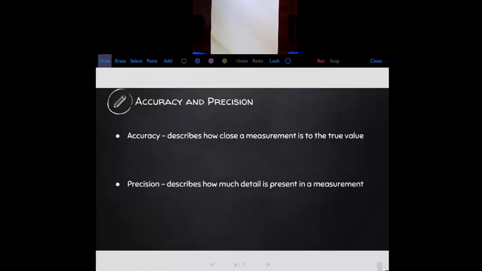The smaller that margin of error is, the more accurate a particular measurement is. The closer it is to the true value, the more accurate it is. Then there's the idea of precision. Precision just describes how much detail we have about a measurement. The more precise something is mathematically, the more decimal places it contains. The farther back we can go to get an idea of what that measurement is.